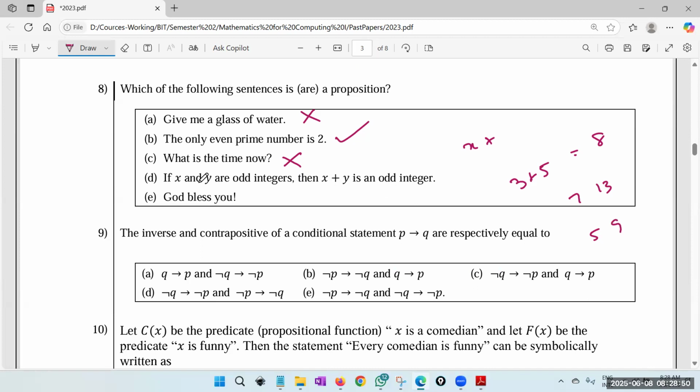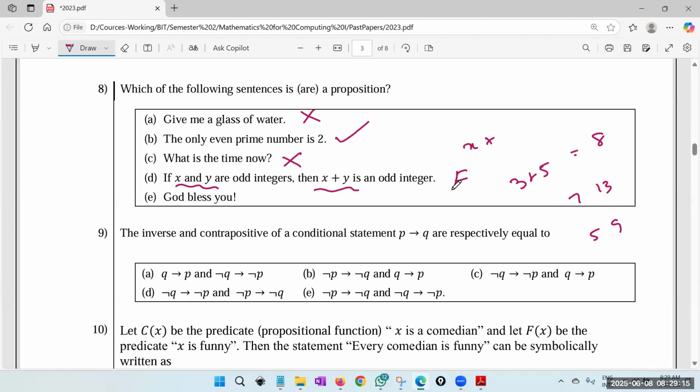So this statement is always false, not sometimes true and sometimes false. If a statement is always true, it's a proposition. If a statement is always false, it is also a proposition.